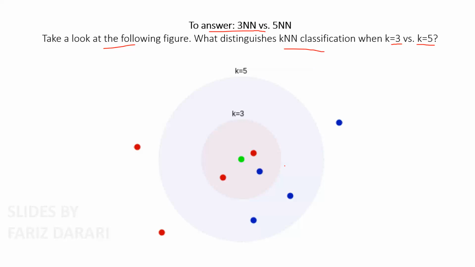In my opinion, if k is the number of all data points, it can be either red or blue, since the numbers are the same for each. Yeah, we have four reds and four blues, so you can toss a coin and do a random selection. And the second answer: if we go with what we have already learned, it will be a tie.